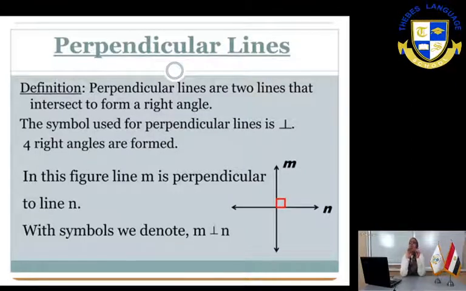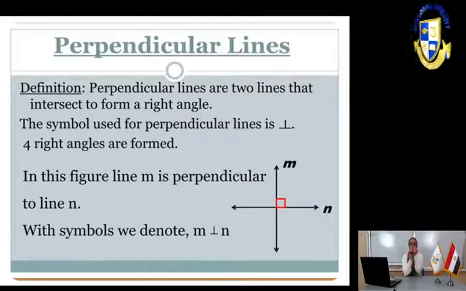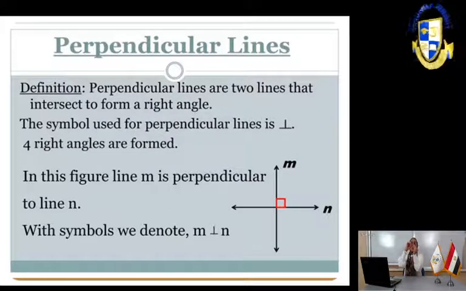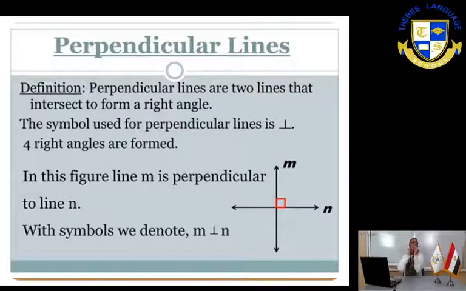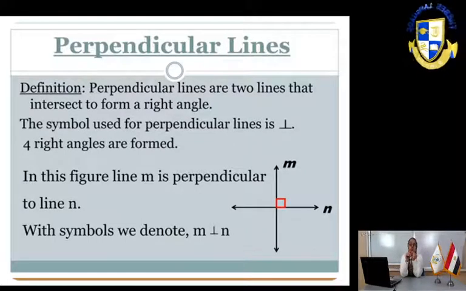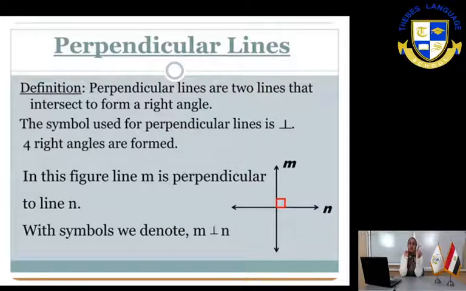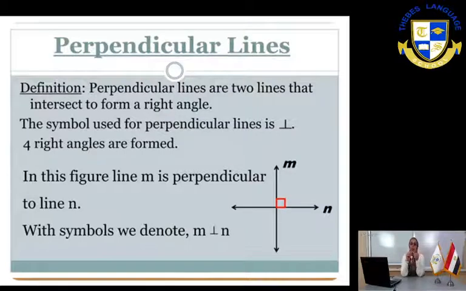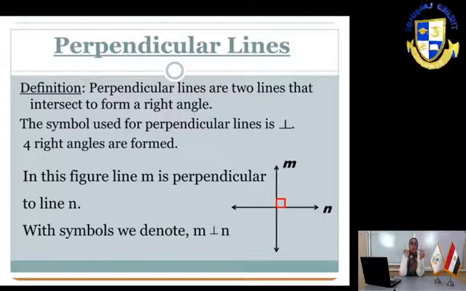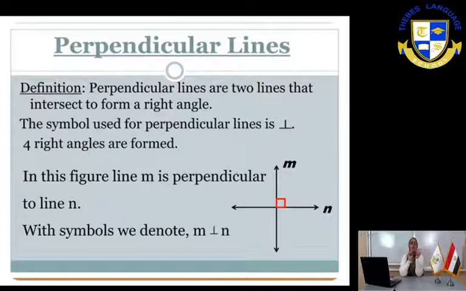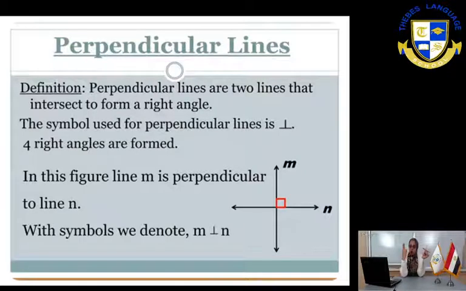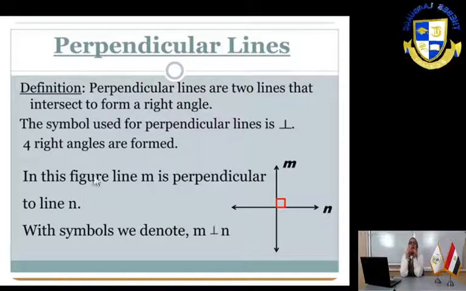Right angles. What is the difference between intersecting straight lines and perpendicular straight lines? The intersecting straight lines form four angles and have one intersection point, and also the perpendicular straight lines have four angles and one intersection point. But the difference between them is that the intersecting straight lines have four angles, two acute and two obtuse, but the perpendicular lines have four right angles.